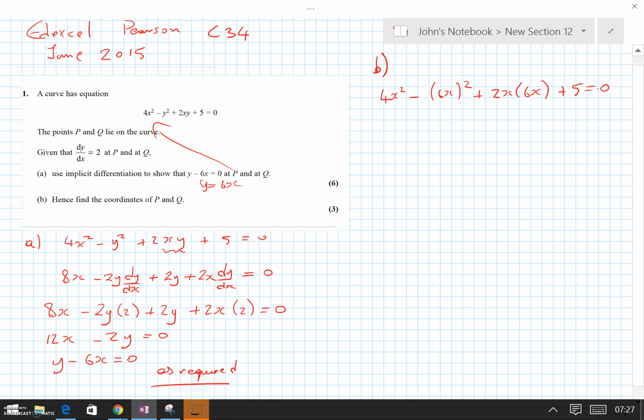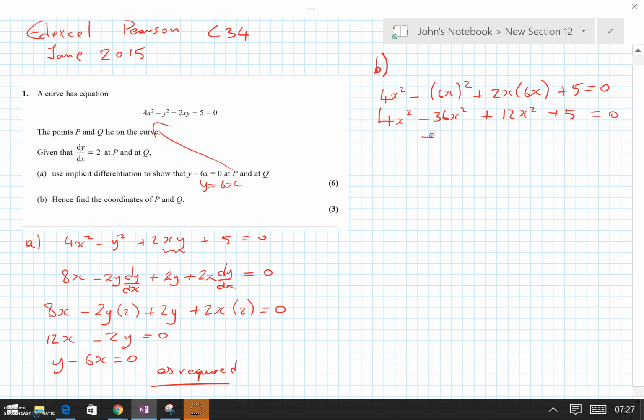Okay, so this gives us 4x squared minus 36x squared plus 12x squared plus 5 equals 0. So that finally comes to 4 minus 36 is minus 32, plus 12.